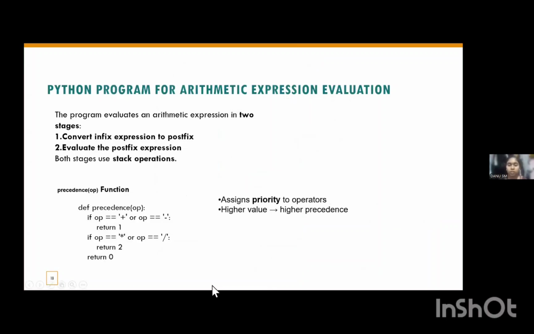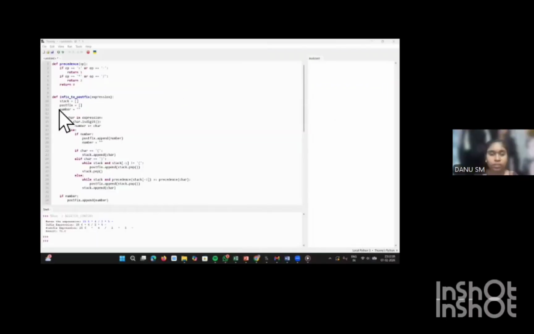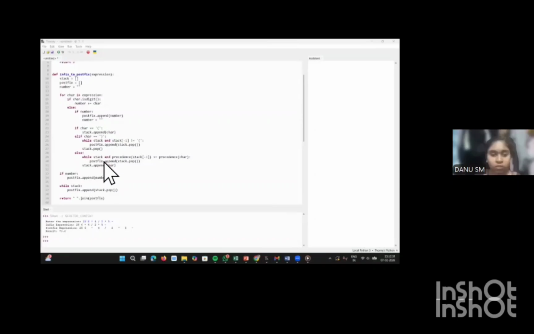So now we'll see how the Python code works for solving this same problem. Now I'm going to explain the code which is written for this arithmetic expression evaluation. This is the first part of the code. Here we set the priority for the operators, and this part of the function is for converting the infix expression to the postfix expression.